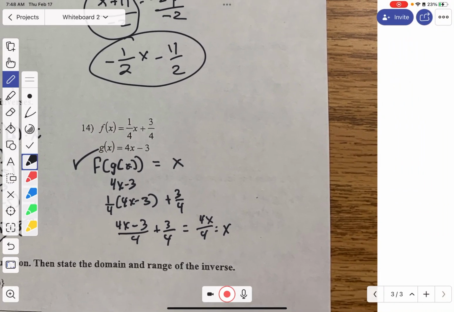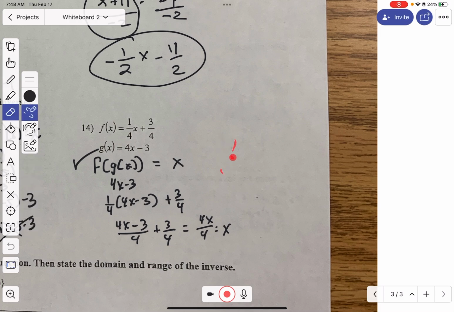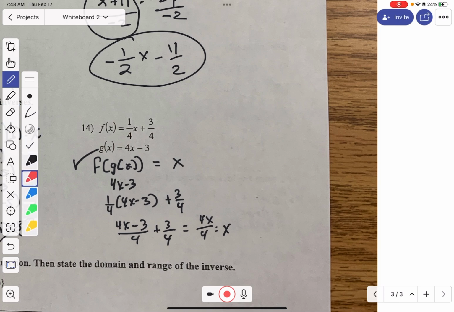Now I've got to slide this over, and now we have to test to see if g of f of x is equal to x. So it'd be g of 1/4 x plus 3/4. We want that in the end to equal x.